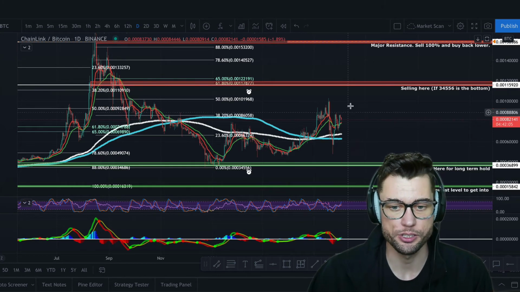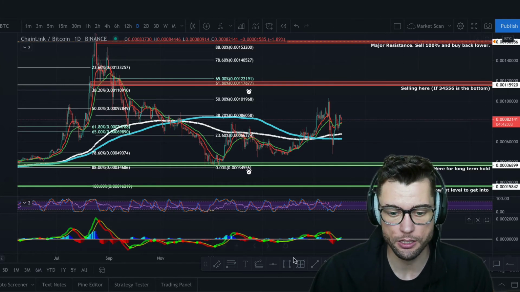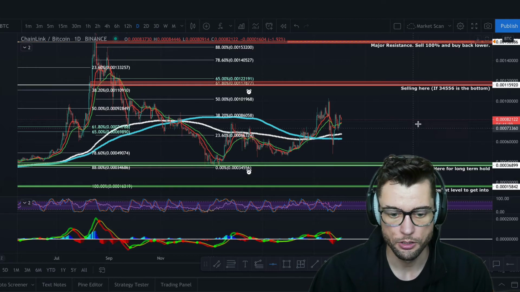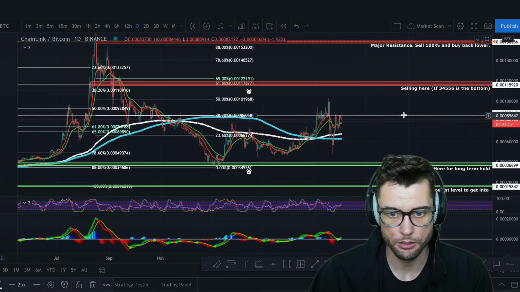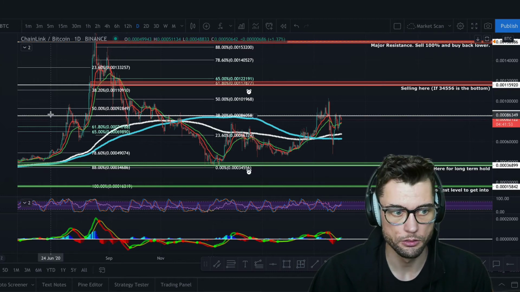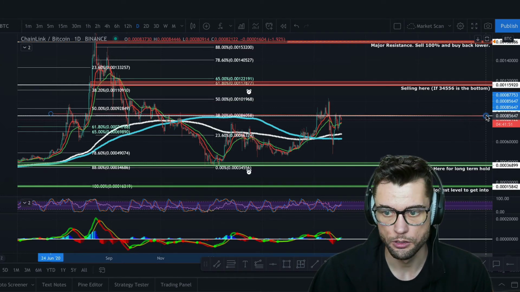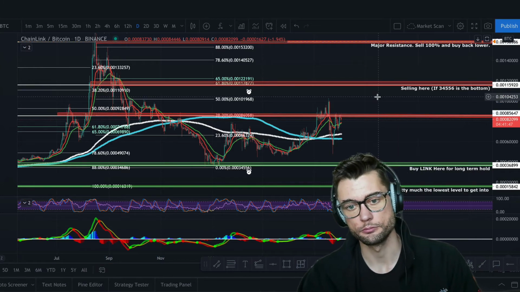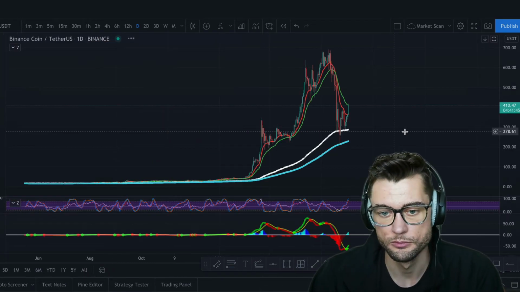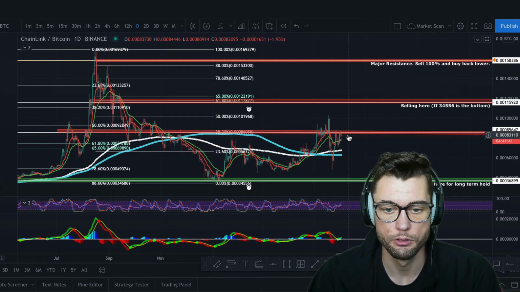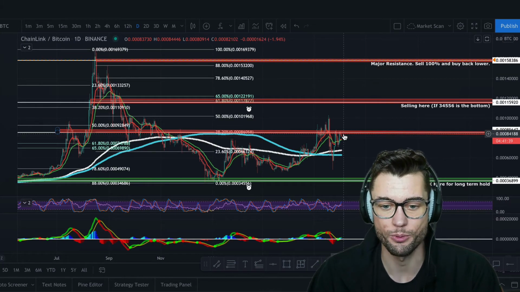So unless it busts through the 38.2, this is a pretty key level. It's the resistance, so it needs to bust through here. Otherwise, why would you buy it here?